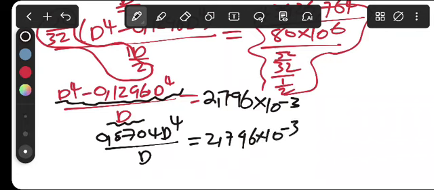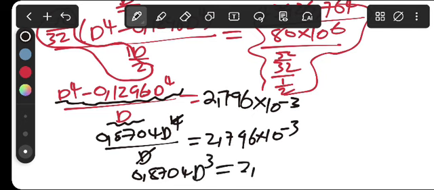Okay, we know the rules of math. There is 3. It's the same as we have 1. This will cancel with the 1 there. We're left with 0.8704 d raised to the power of 3 equals 2.796 times 10 to the power of minus 3.